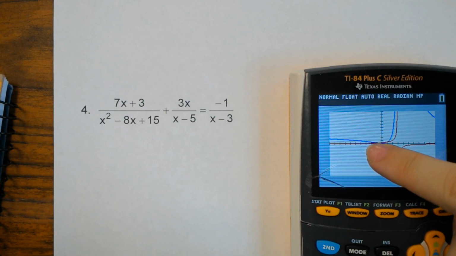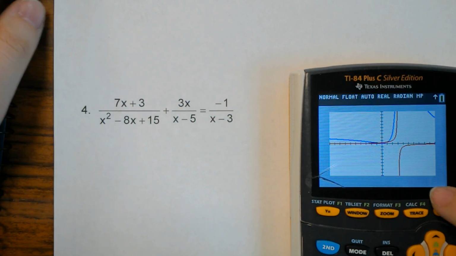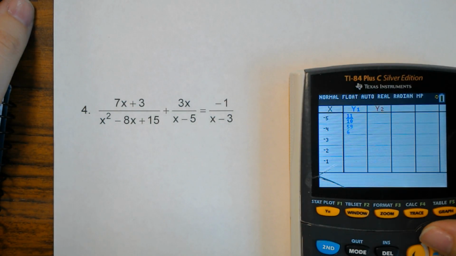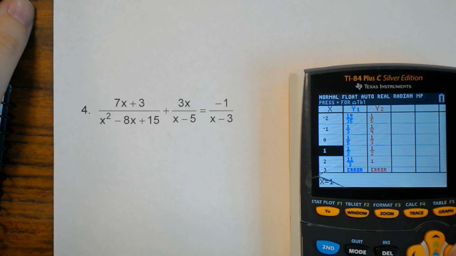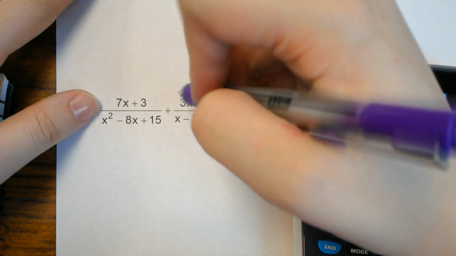Maybe it hit twice. Go to the table. And look, 1/2, 1/2. So x is equal to 1.